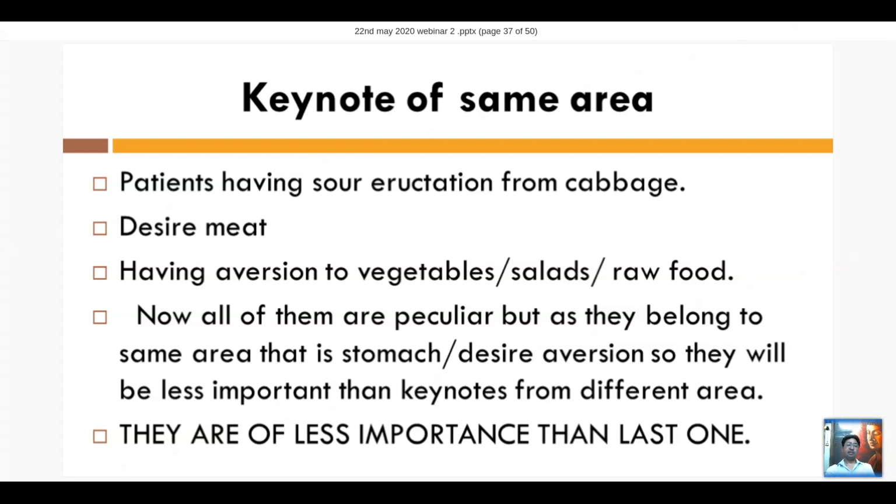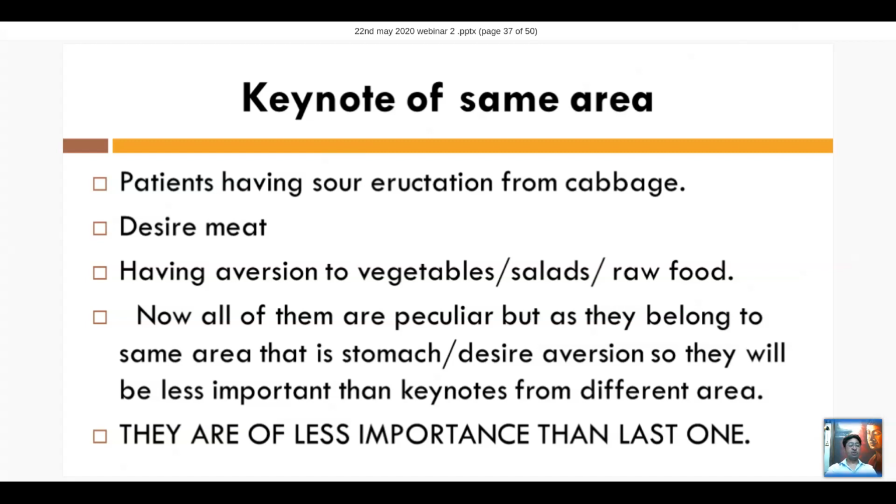Suppose the patient is having keynotes from the same area like GIT: desire for meat, sour eructation from cabbage, and aversion to vegetables, salads, and raw foods. Now all of them are peculiar, are strong, but they belong to the same area, that is stomach, desire and aversion. So they will be of less importance than keynotes of different areas.